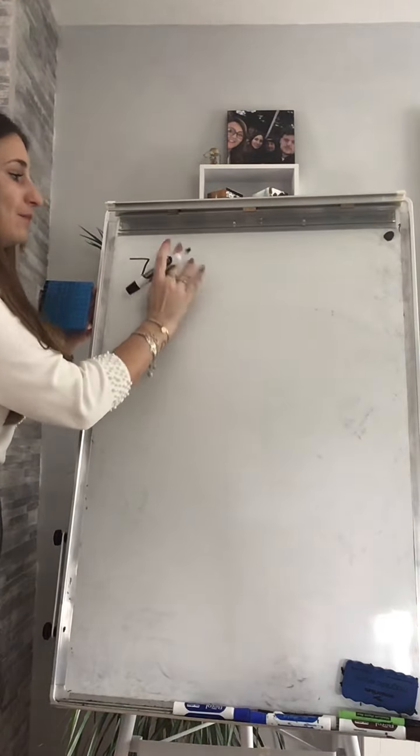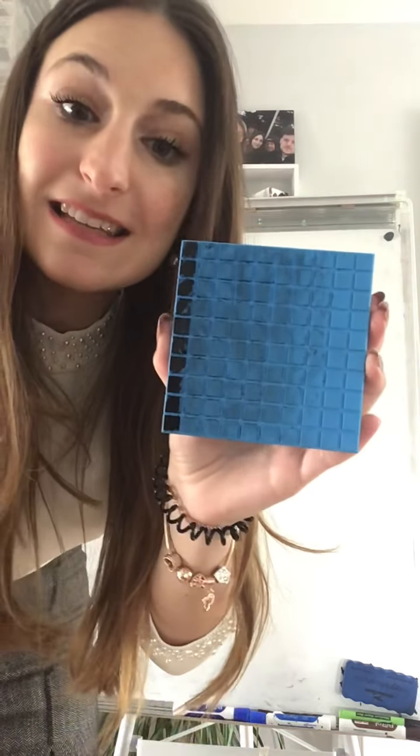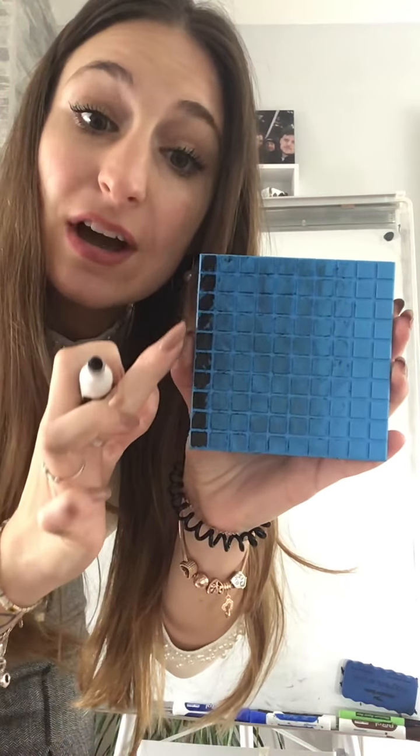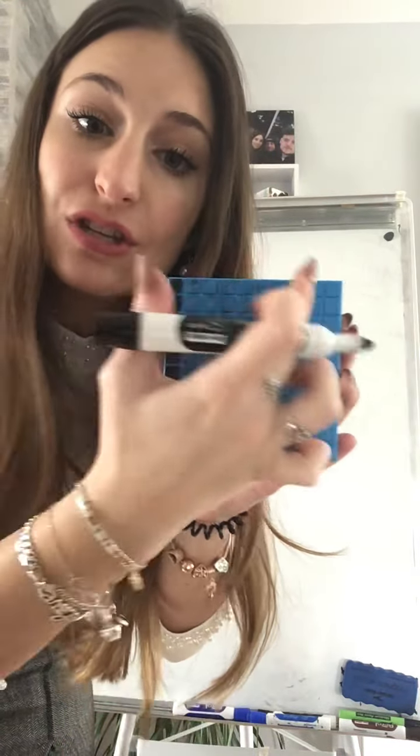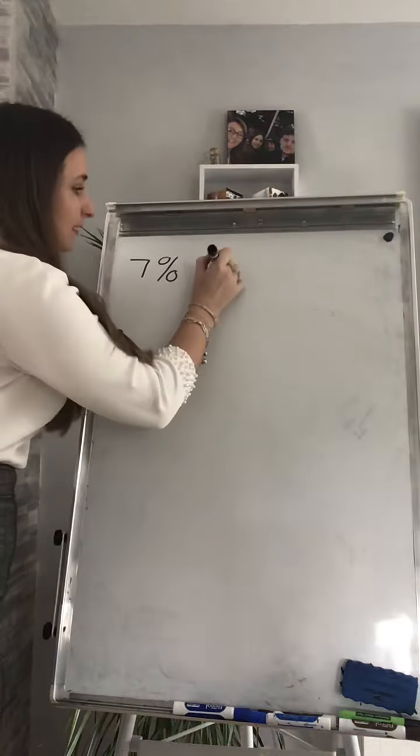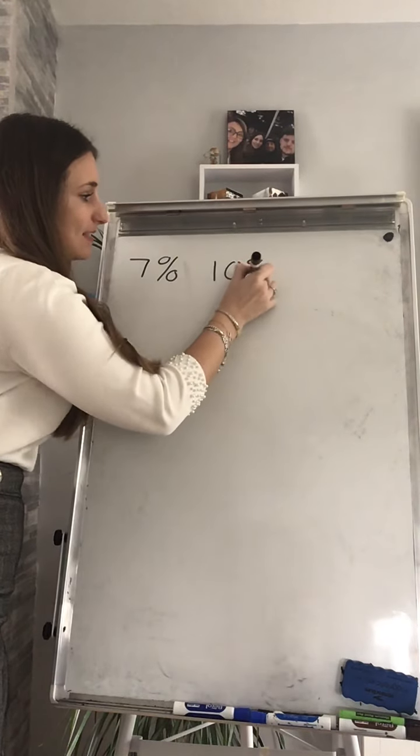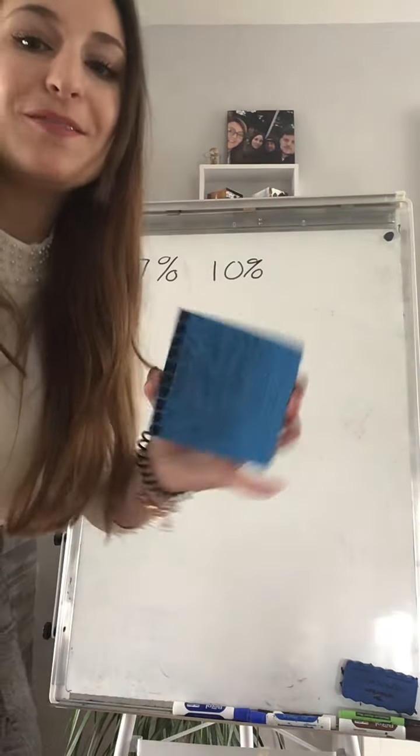Okay? I'm going to go to my next one. You had, easy, this. And you could see that you had 10 out of 100. So you had 10%. All right, let's go for the next one.